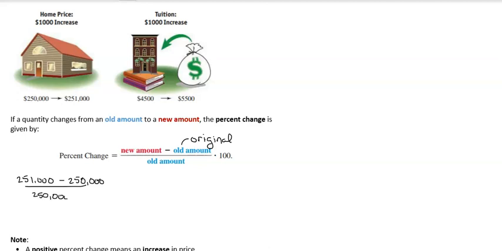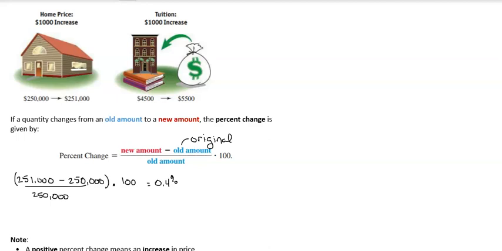To put this in your calculator, you want to do the subtraction first and then put it over the 250. Or if you're going to do it all at once, use parentheses and then say divide by, and you don't have to put an equal sign anywhere. And don't forget to take it times 100, and this is going to give you 0.4%. So it's not 0.4, that would be 40%.